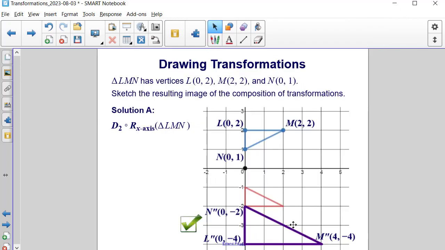And here's the final solution for the dilation with a scale factor of 2 after a reflection across the x-axis of triangle LMN. It produced triangle L double prime (0, -4), M double prime (4, -4), and N double prime (0, -2).